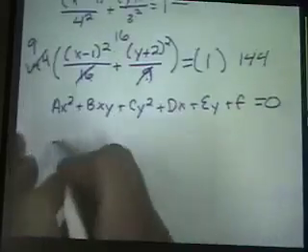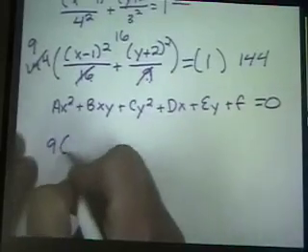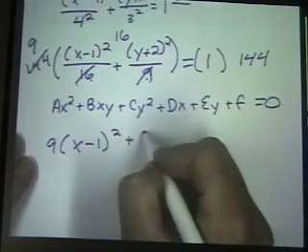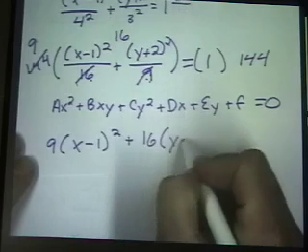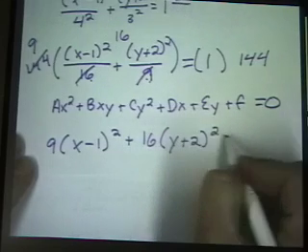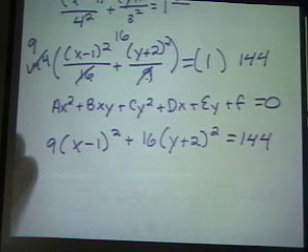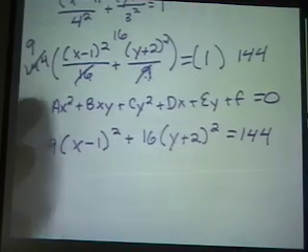So this now becomes 9(x minus 1) squared plus 16(y plus 2) squared equals 144. Almost done here. Now I have to FOIL. Do not distribute the exponents. You cannot distribute the exponents. You have to FOIL in this problem.